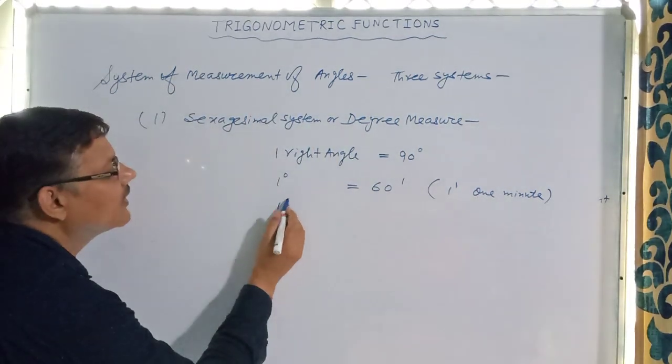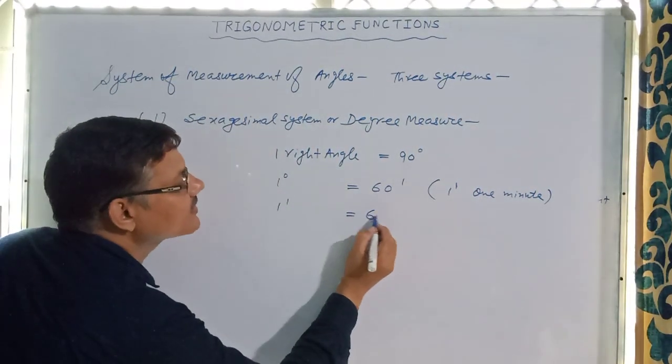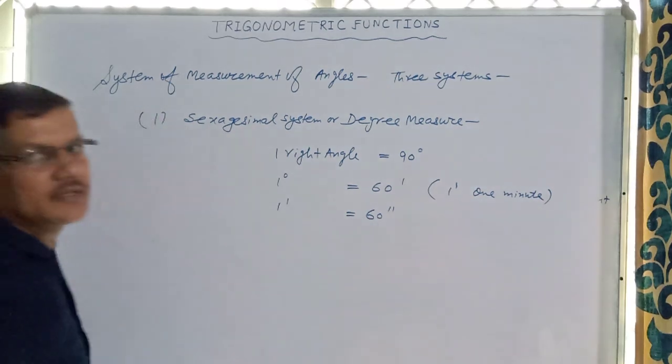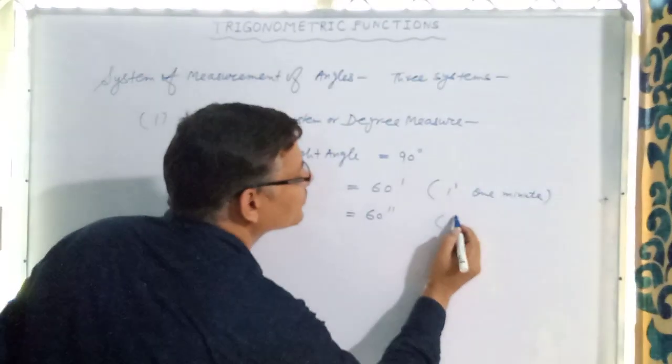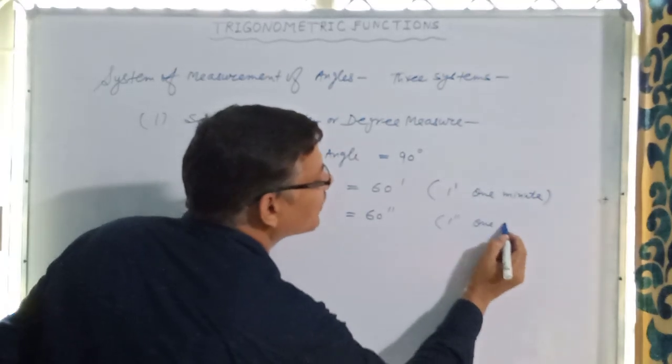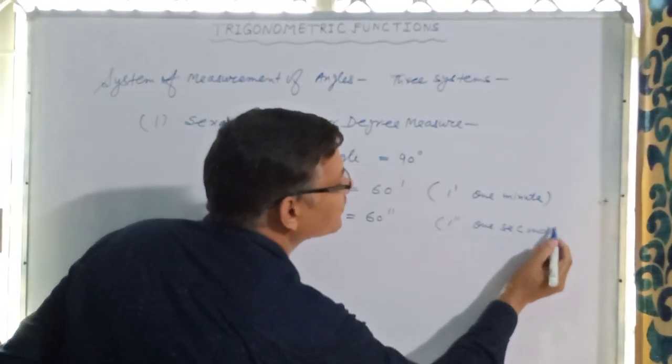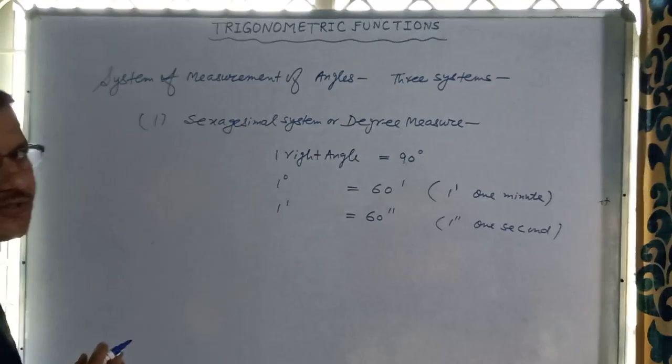Again 1 minute is divided into 60 equal parts and each part is called 1 second. This is about the sexagesimal system.